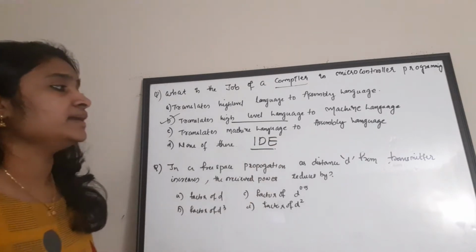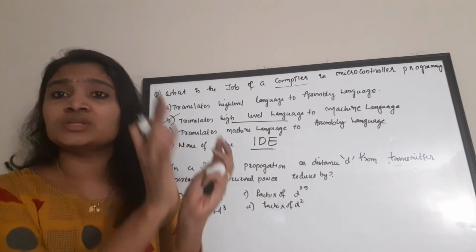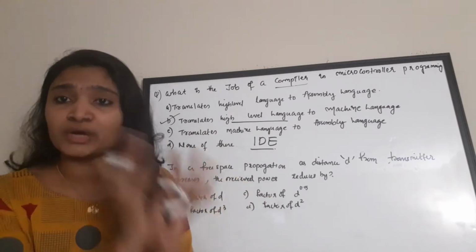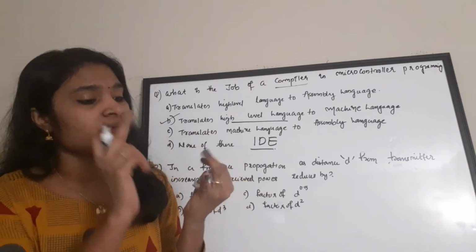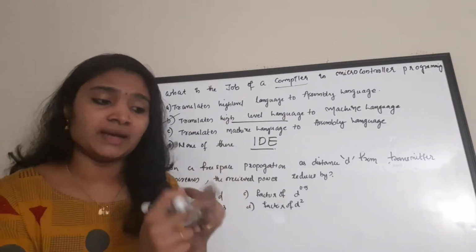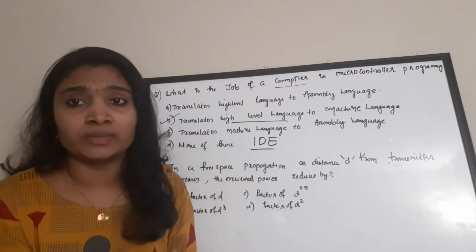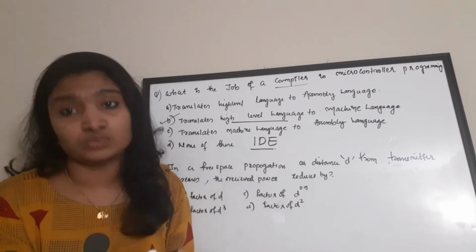Now, what is an IDE? IDE is actually a mixture of all these tools, and it is an environment where you can perform programming. That is, you can perform editing, you can debug, you can compile, and you can run. All these things you can do in that environment. Means it is a mixture of all these tools.